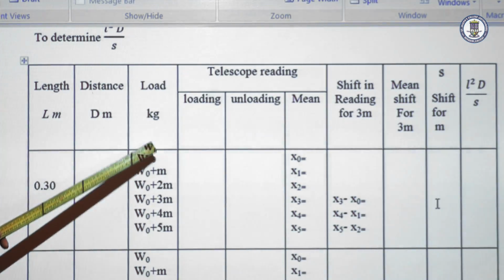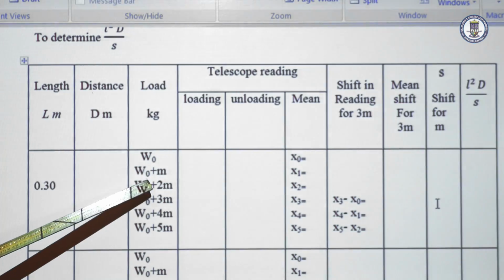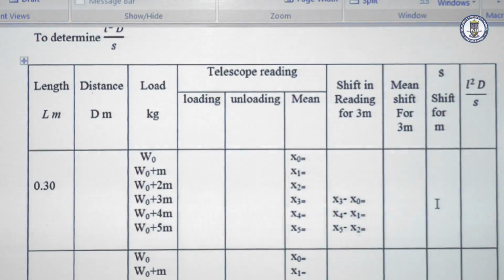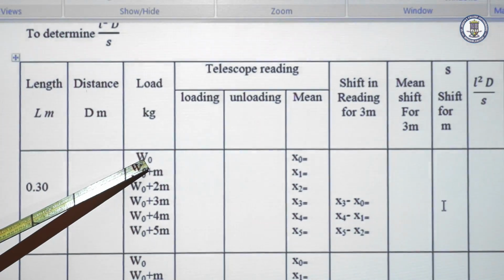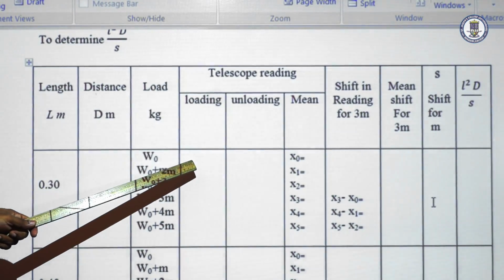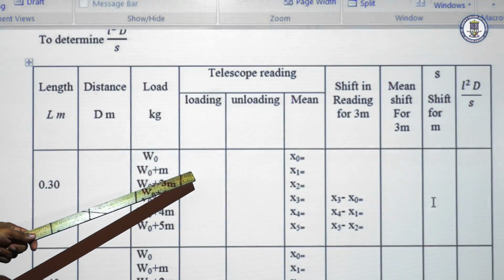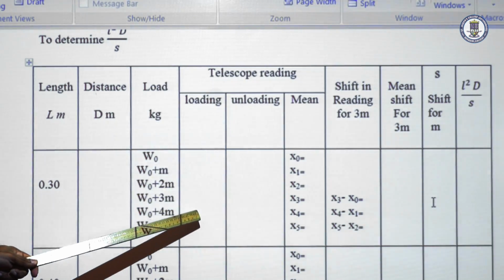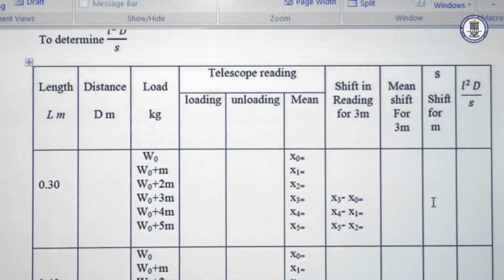Now we are adding the load. Initially the load is W0, then W0 plus m, W0 plus 2m, etc. When the load W0 is there, we take the telescope reading and note it here. Then we place a load of W0 plus m, again the telescope reading is noted, and like this we note the telescope reading up to 5m. Now we remove the loads one by one.